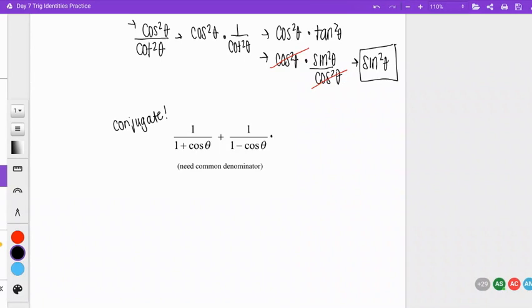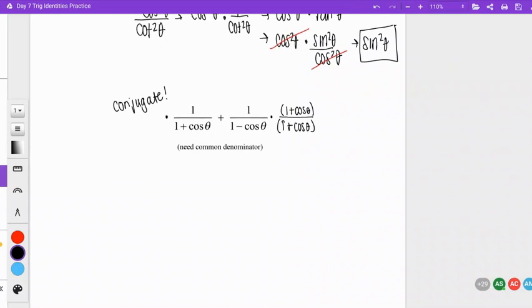So for us, we're going to multiply this by 1 plus cosine all over 1 plus cosine. And we're going to do the same thing to the other side, multiplying by 1 minus cosine all over 1 minus cosine.